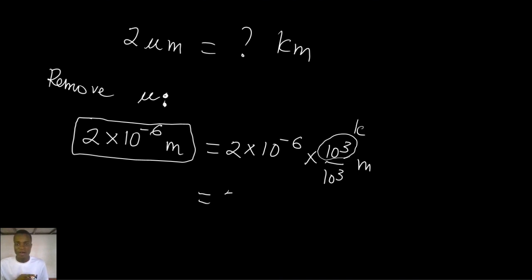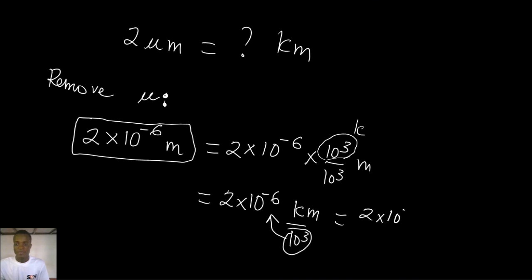So at the end of the day, we have 2 times 10 to the power -6, then kilometers at the top, and the denominator is 10 to the power 3. This 10 to the power 3 will associate with the value there. So you have 2 times 10 to the power -6 over 10 to the power 3 kilometers.